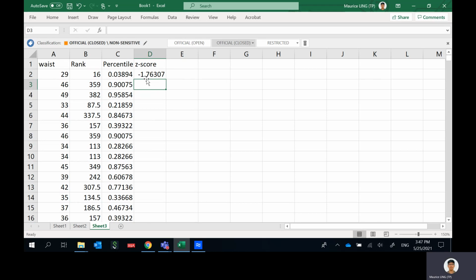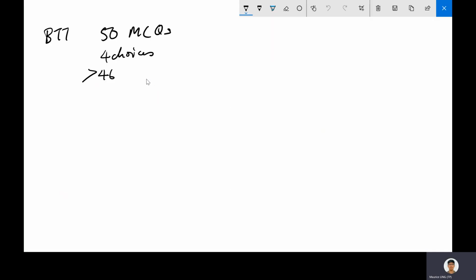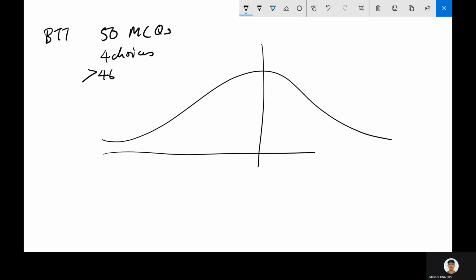What does this really mean? If you look at the normal distribution, on the Z-axis the mean is 0 and the standard deviation is 1. So minus 1, 1, 2, 3, and so on, minus 2, minus 3.